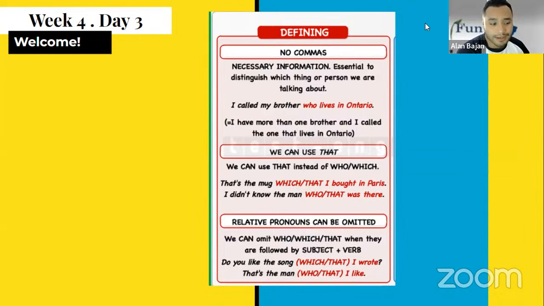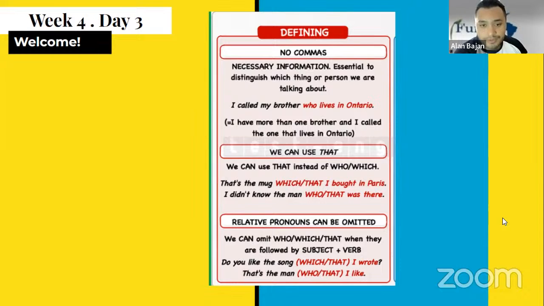A few more characteristics of defining clauses: they don't use commas. We can use that, an exclusive relative pronoun for defining clauses. And relative pronouns can be omitted. For example, do you like the song I wrote?